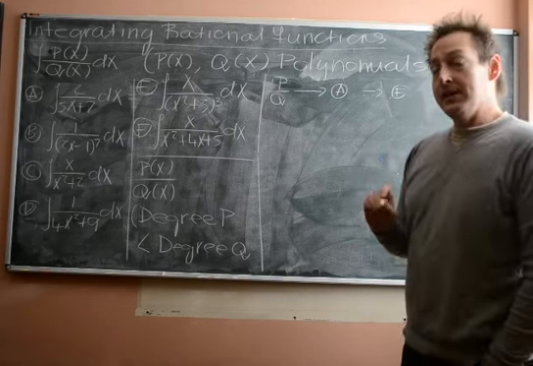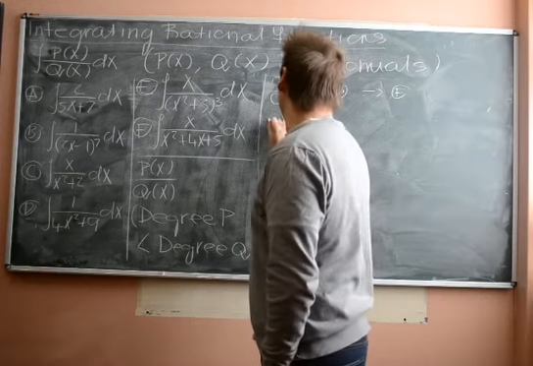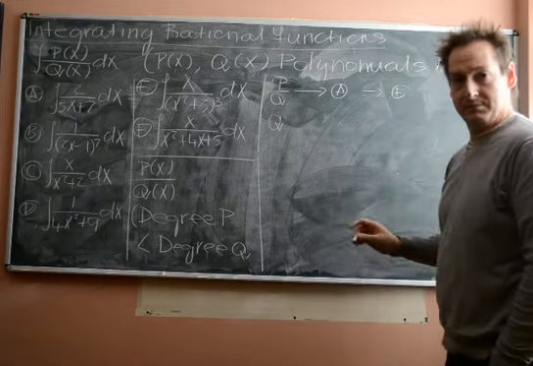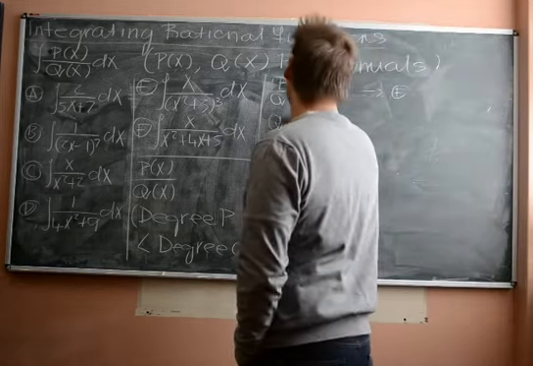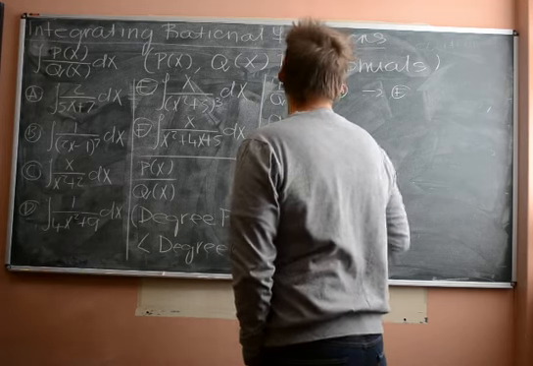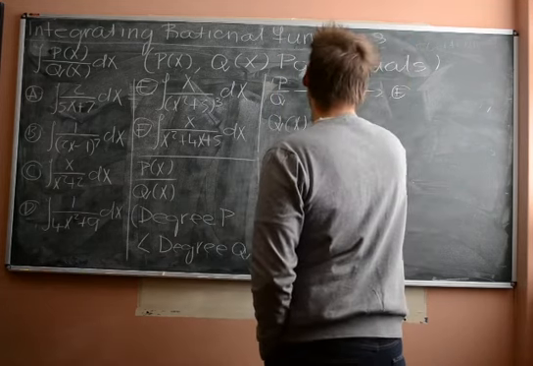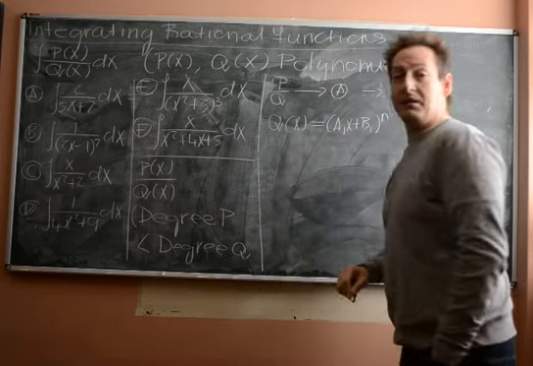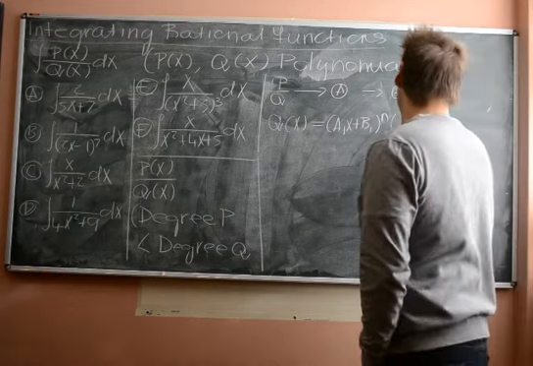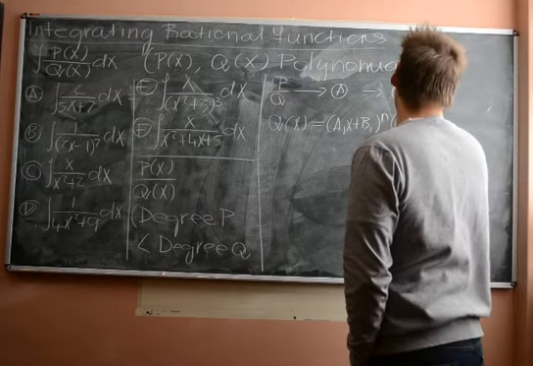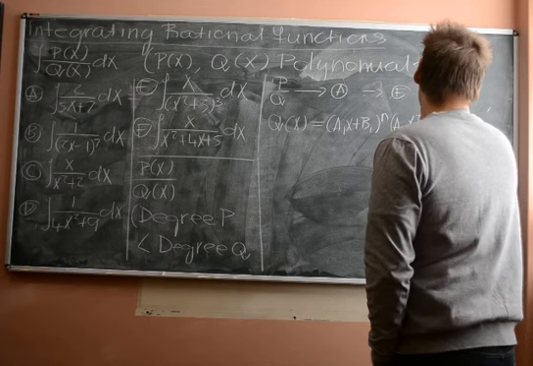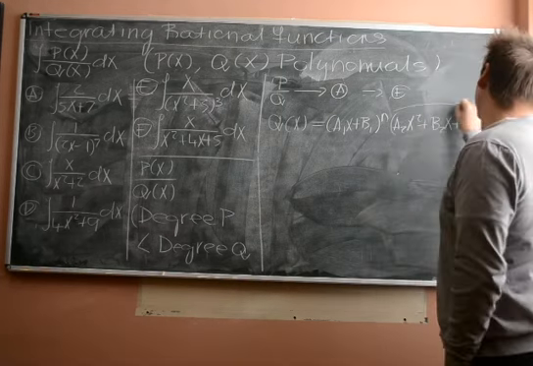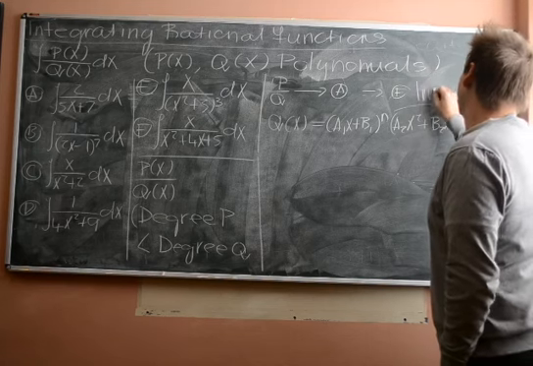So that tells us that we can write q as the product of linear and irreducible quadratics. So for instance, we could write q of x as, let's say, (a1x plus b1) to the power n, and (a2x squared plus b2x plus c2) to the power n, where this quadratic has to be irreducible.